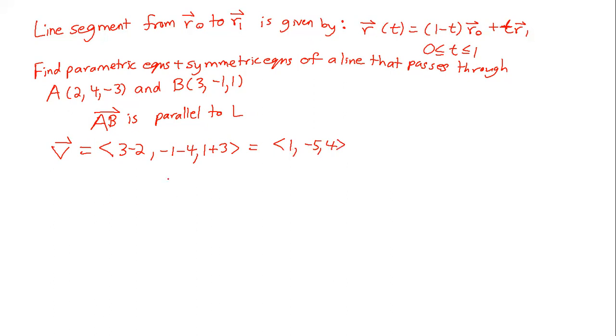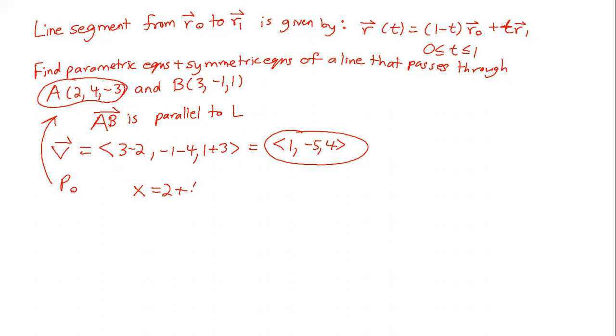Then we also have these numbers that are going to be important in our formula. Let's take one of the points on the line and call it P0. Then for our parametric equations, x is equal to our initial x coordinate, 2, plus 1 times t, so plus t. y is equal to 4 minus 5t.